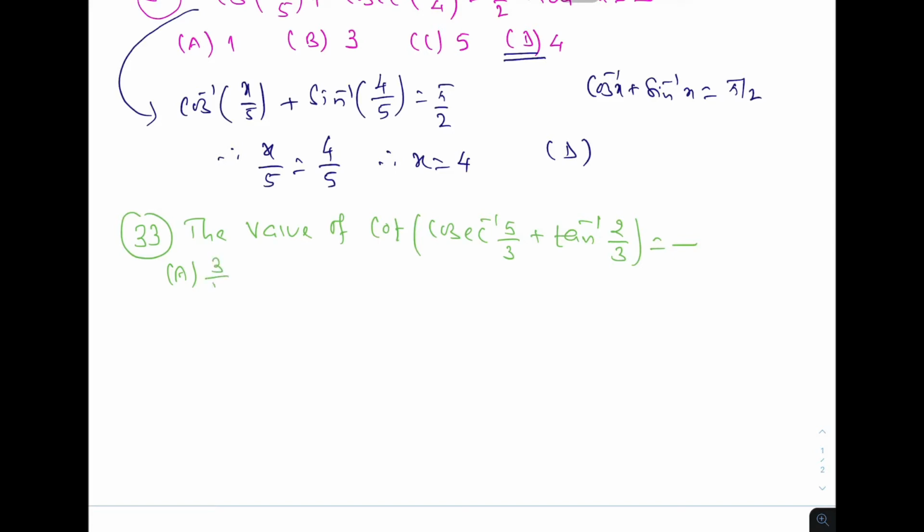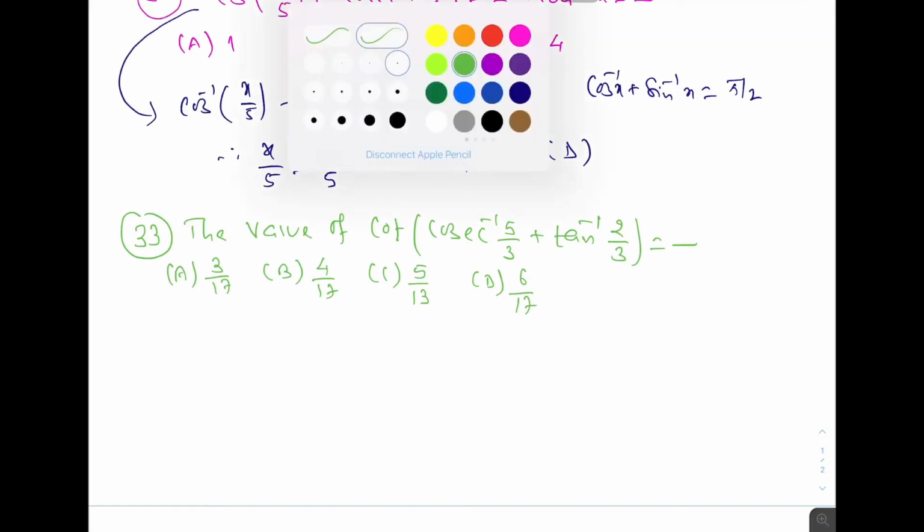Options are 3 by 17, 4 by 17, 5 by 13, 6 by 17.